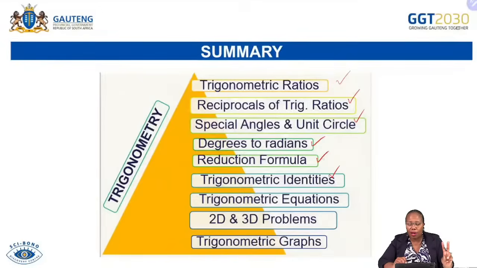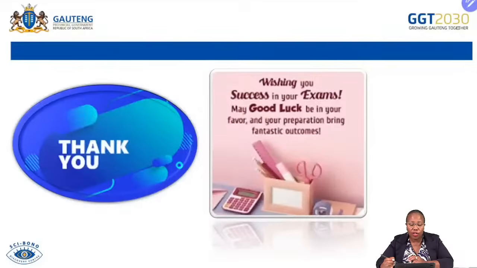You must know how to apply your identities. You must know how to solve your trig equations, and then you must know how to solve 2D and 3D. Also know how to sketch trig functions and also how to analyze your trigonometry graphs, great job. This is the summary of what is expected of you on the trigonometry chapter.